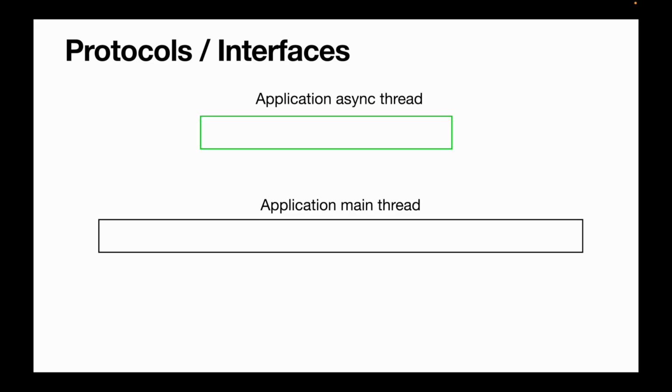So we have the application main thread, and we have the so-called asynchronous threads, where the application is running parallel with these asynchronous threads.